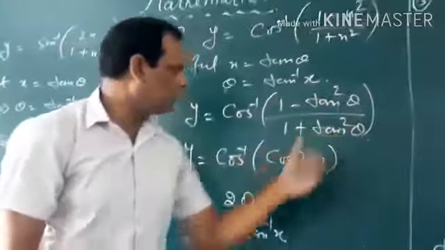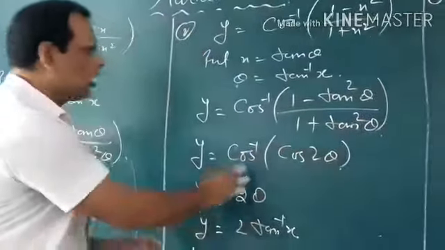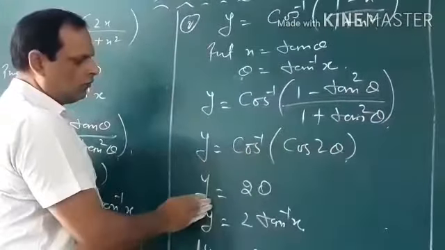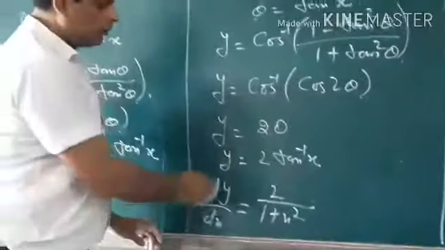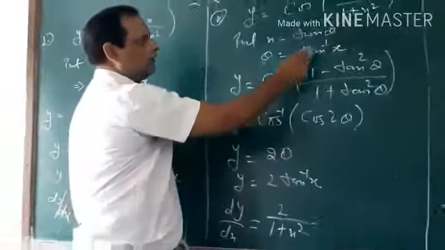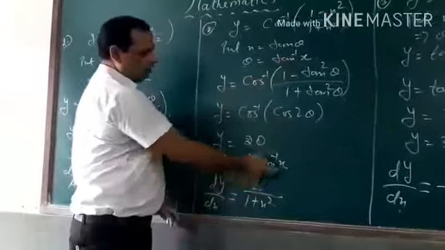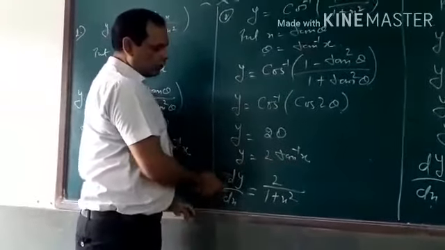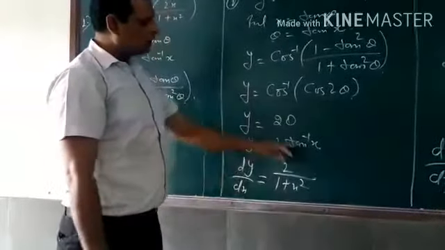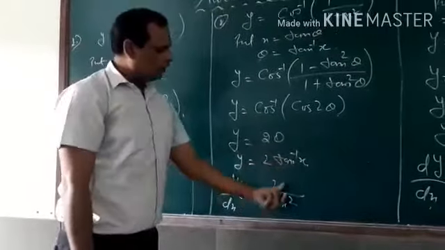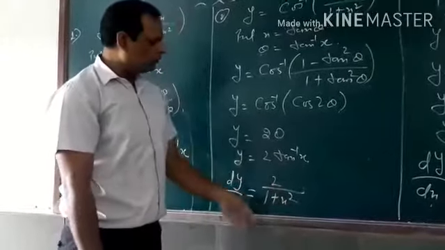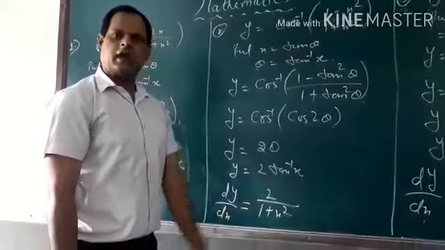This whole expression is equal to cos 2 theta, so cos inverse and cos cancel. y equal to 2 theta, and theta is tan inverse x. So the differentiation of y is dy upon dx, and the differentiation of tan inverse x is 1 upon 1 plus x square. So the total differentiation is 2 upon 1 plus x square.